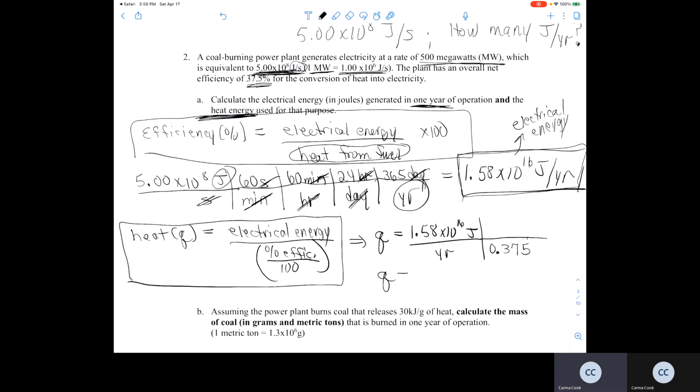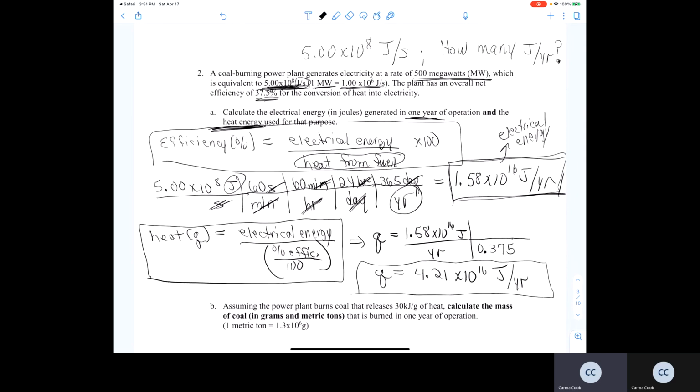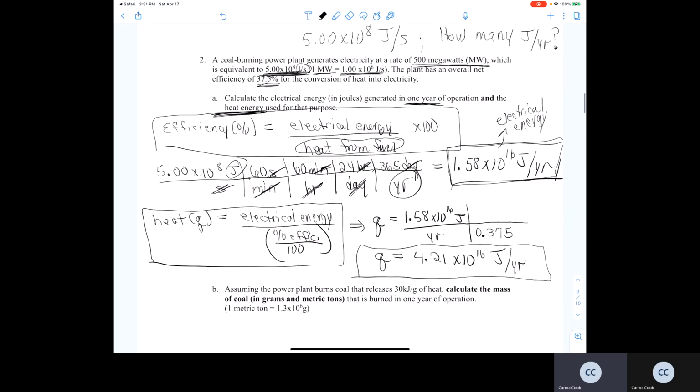And so therefore the amount of heat is 4.21 times 10 to the 16th joules per year of heat that needs to be generated by burning coal in order to produce 1.58 times 10 to the 16th joules per year of electrical energy. So that's the amount of heat that needs to be generated in order to produce this much electricity.